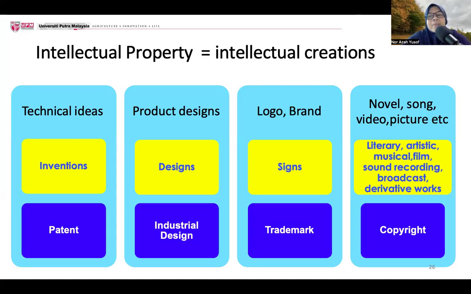Okay, this is just a guideline. We have patent, industrial design, trademark, copyright. Usually when we talk about research innovation, invention, we talk about patent. It can also be what we call trade secret.